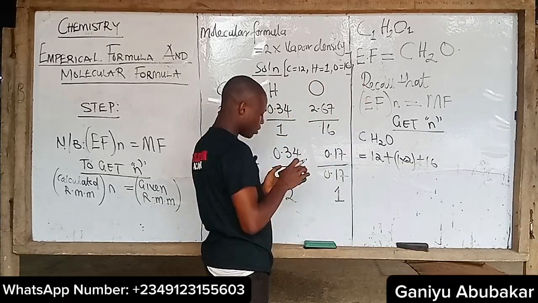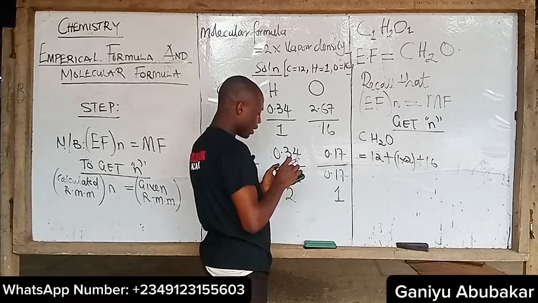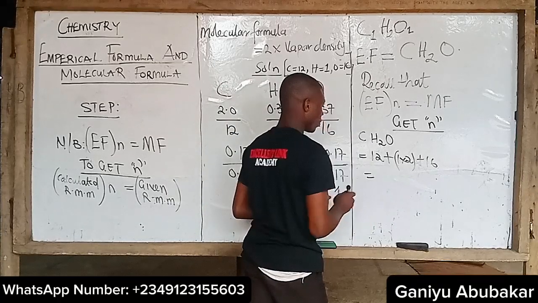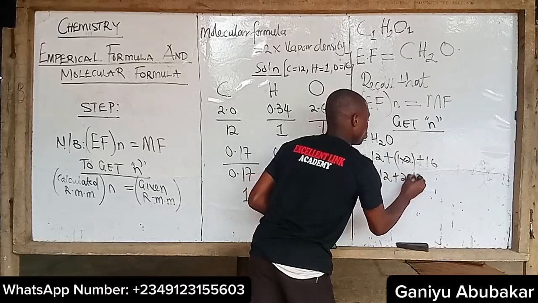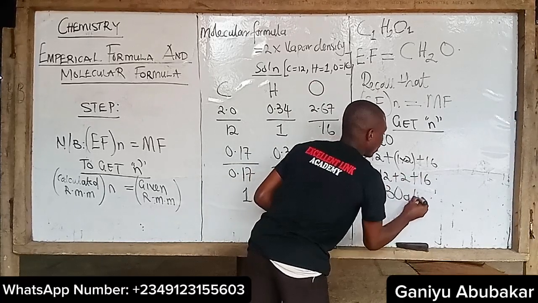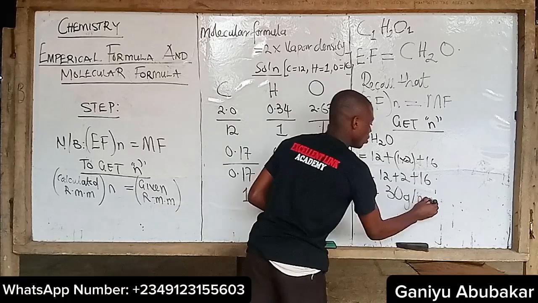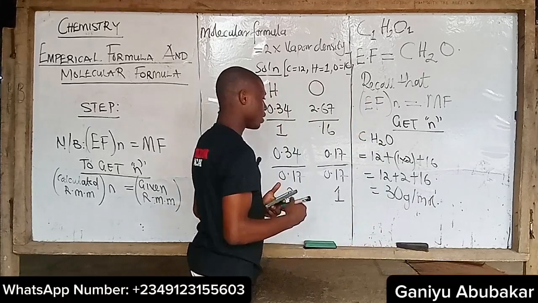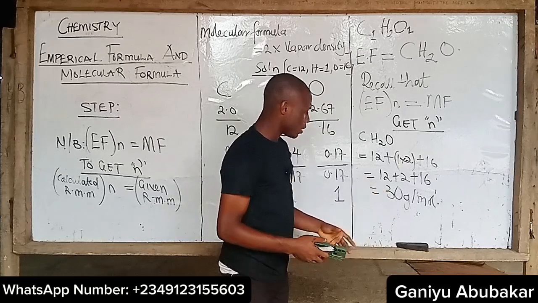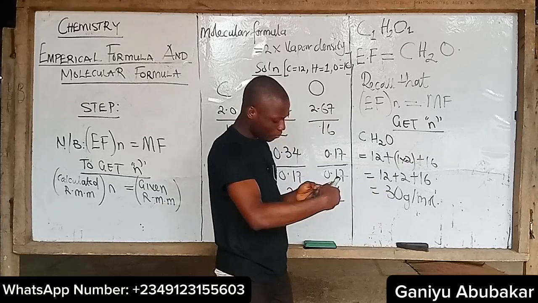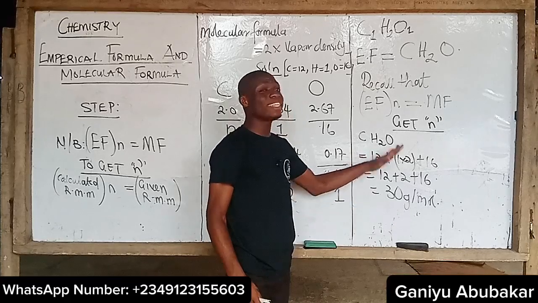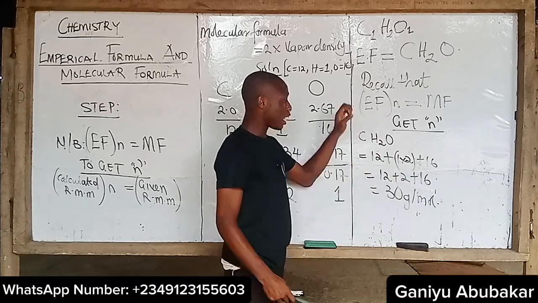If I proceed with my solving, from here I will have 12 plus 2 plus 16. This will give about 30 gram per mole. So I have 30 gram per mole as my calculated relative molecular mass.